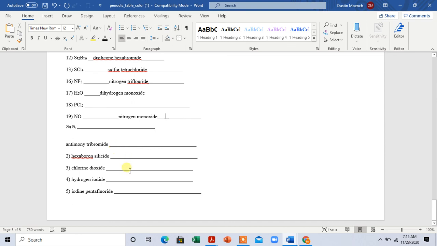Going backward from the name to the formula, you just do the steps in reverse. So if it's hexaboron, hexa is six borons, and then looking at the second one doing the same things, like dioxide, two oxygens, iodide, iodine, pentafluoride, five fluorines.